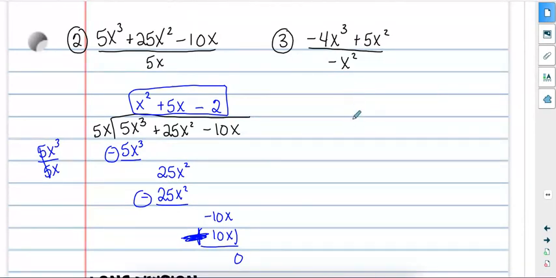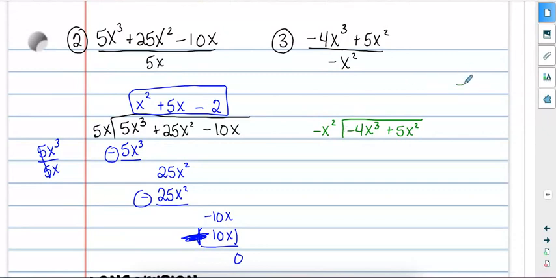So let's go ahead and set this up. Negative 4x to the third power plus 5x squared goes inside. And negative x squared goes on the outside. Okay. So in case you get stuck, just write the first term over the denominator.